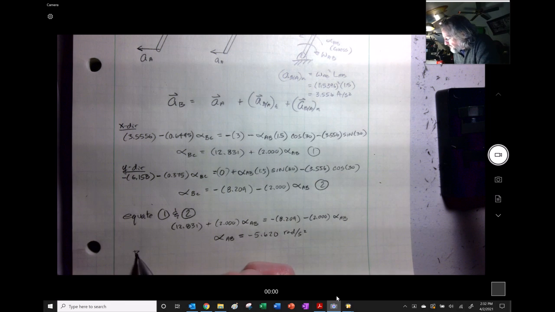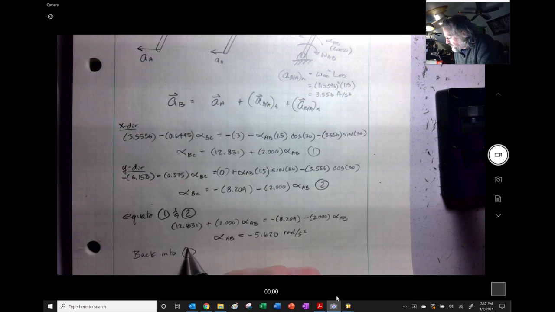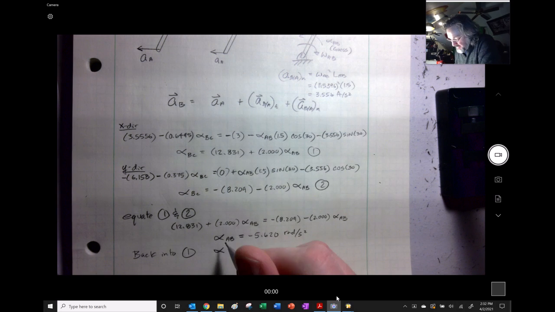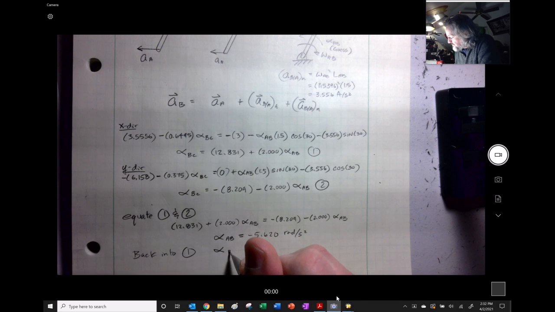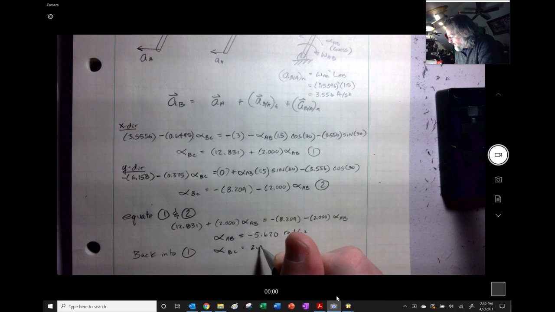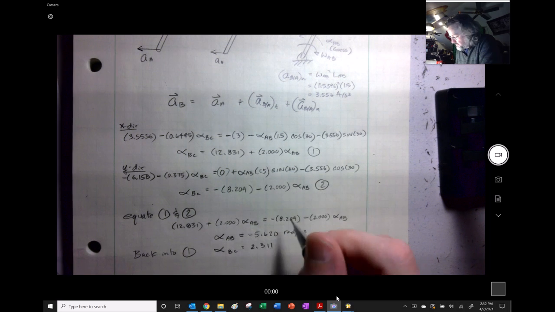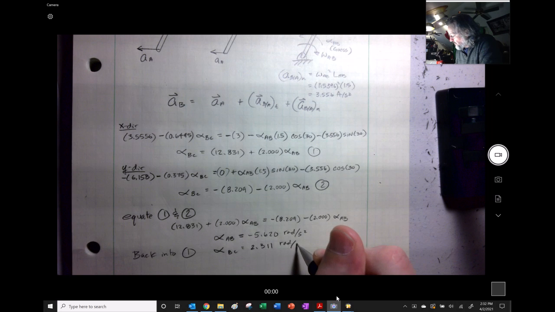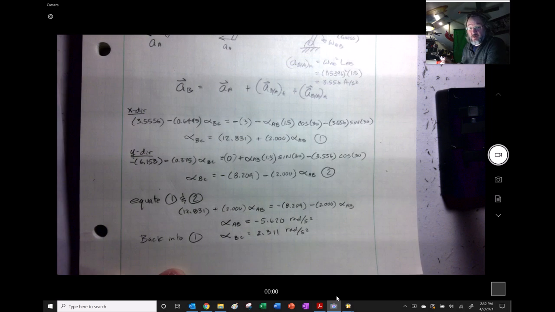So I'll write back into 1, doesn't matter. You don't need to see me do the math of this. That's BC, and that comes out to positive. So that one was in the counterclockwise direction.